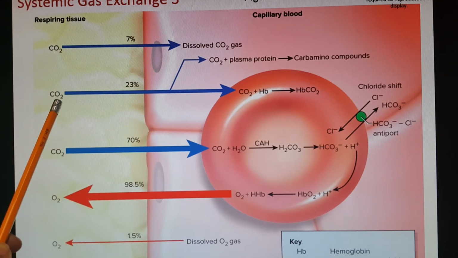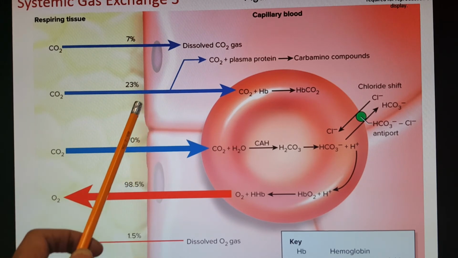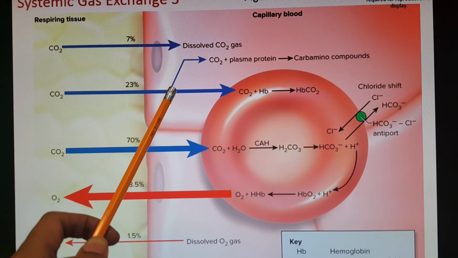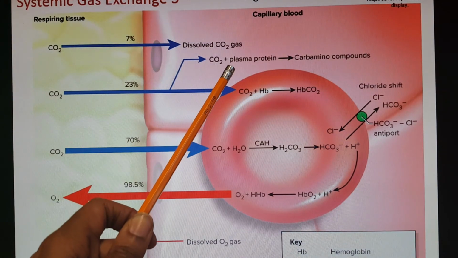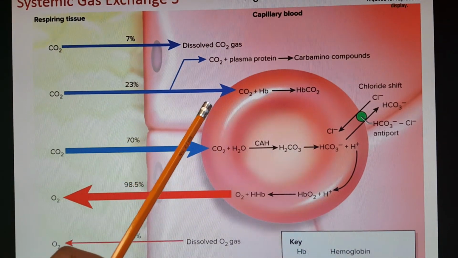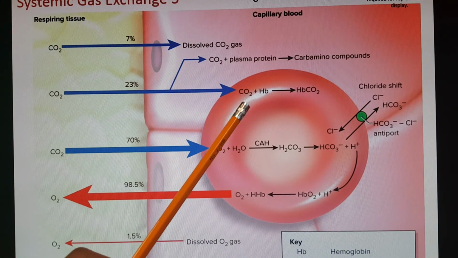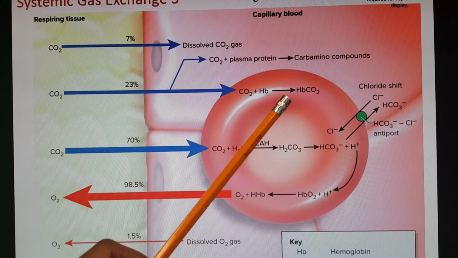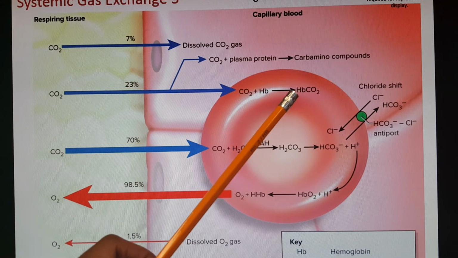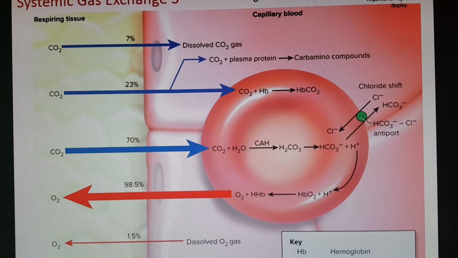Some of your carbon dioxide diffuses into the capillary blood, and either binds to a plasma protein, making a carbamino compound, or binds to hemoglobin, forming still a type of carbamino compound, but it's a carboxyhemoglobin. So that's carbon dioxide bound to a hemoglobin.